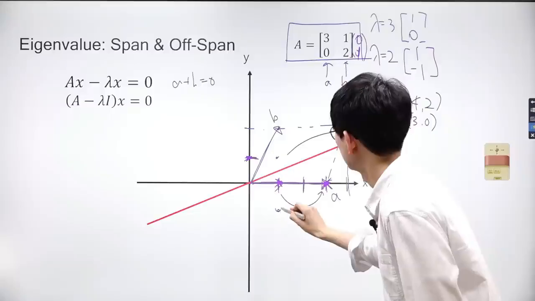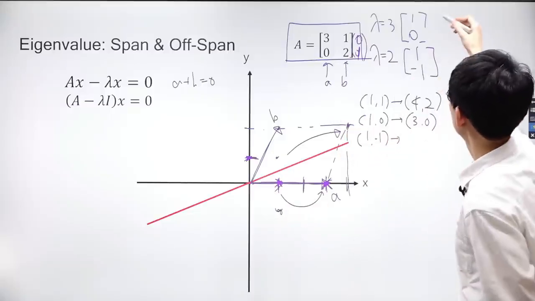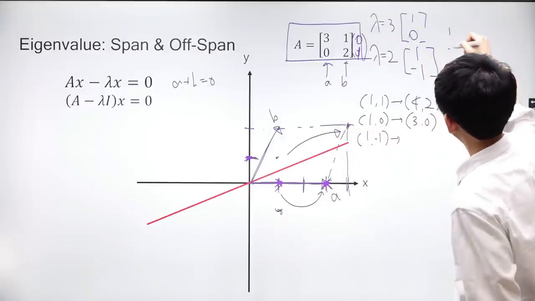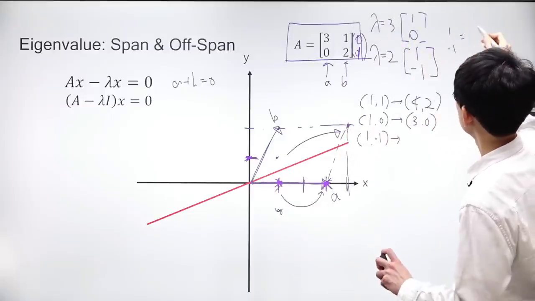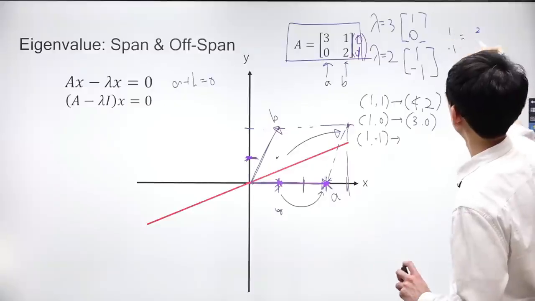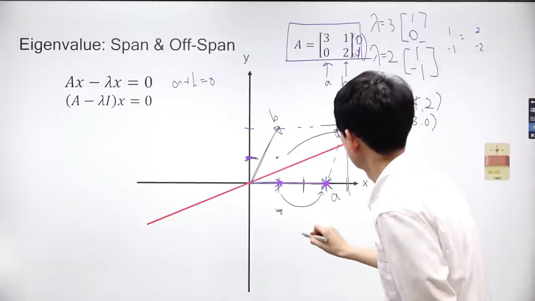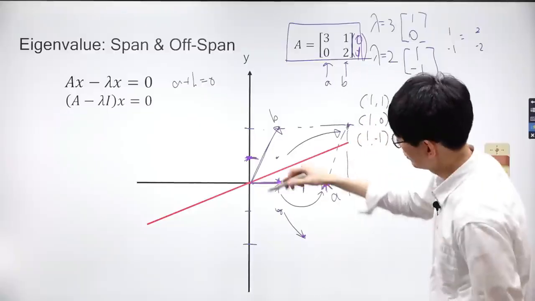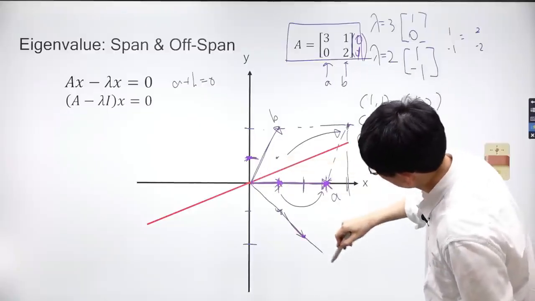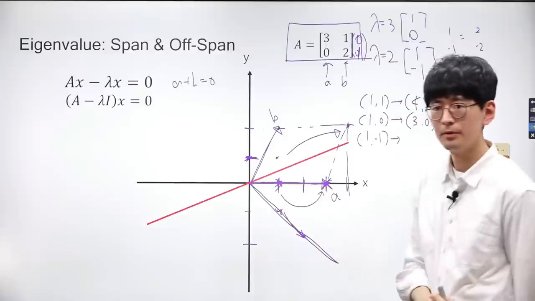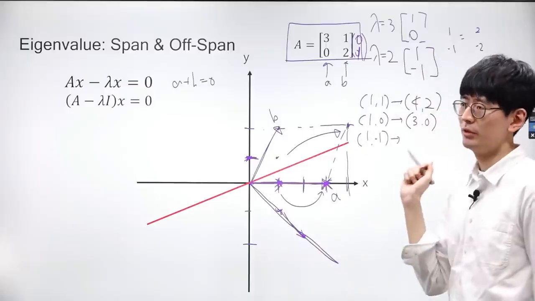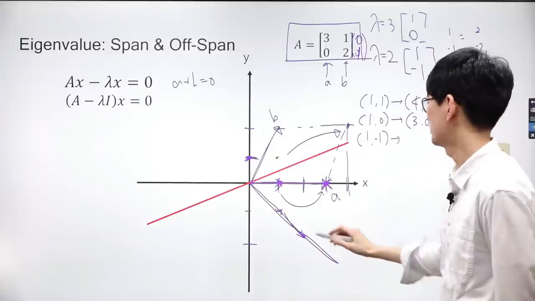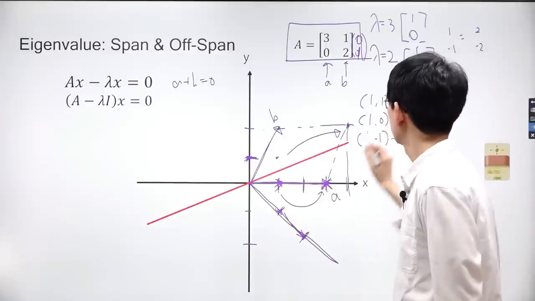The coordinates 1, negative 1 are in the transform space, and we can determine their original coordinates through matrix vector multiplication. The original coordinates of 1, negative 1 are 2, negative 1. By plotting these coordinates on the plane, we can see that they lie on the same line and maintain the same direction. So do you see why the vector 0, 1 is not an eigenvector of matrix A?